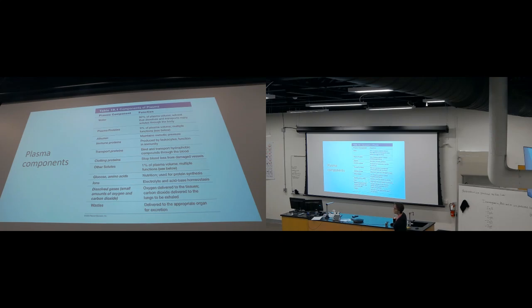And these dissolved gases are measured with partial pressure of oxygen and partial pressure of CO2. So we have PCO2 and PO2. So this is partial pressure of carbon dioxide and partial pressure of oxygen.